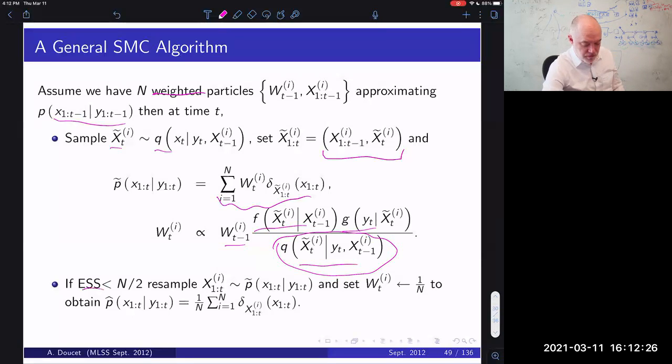If the ESS falls below some threshold, then you can resample, set the weights equal to uniform weights and get an unweighted estimate up to that point. That make sense? Questions here?